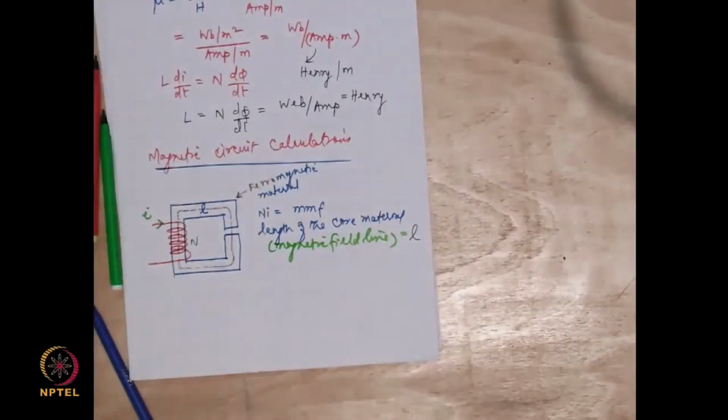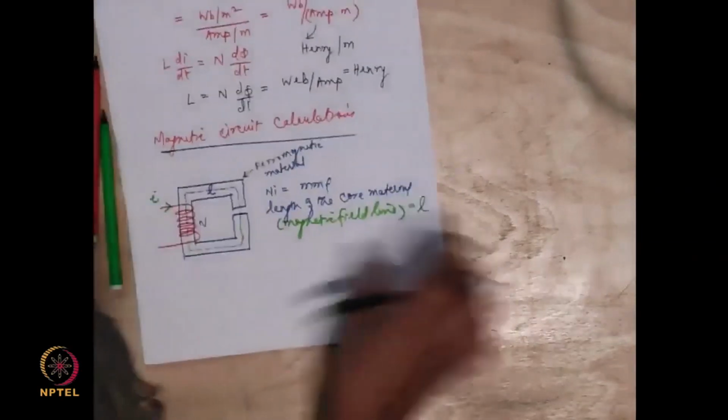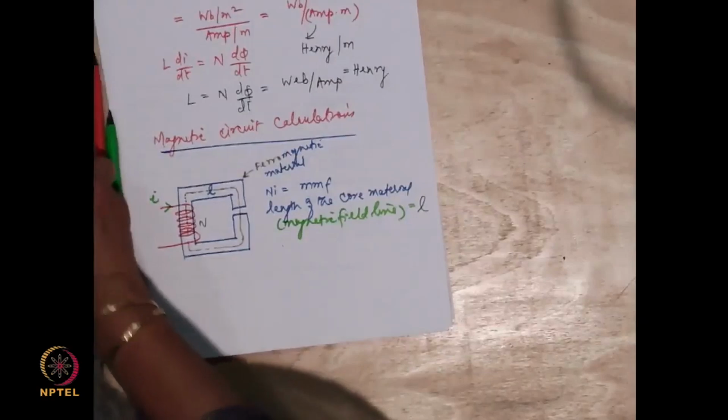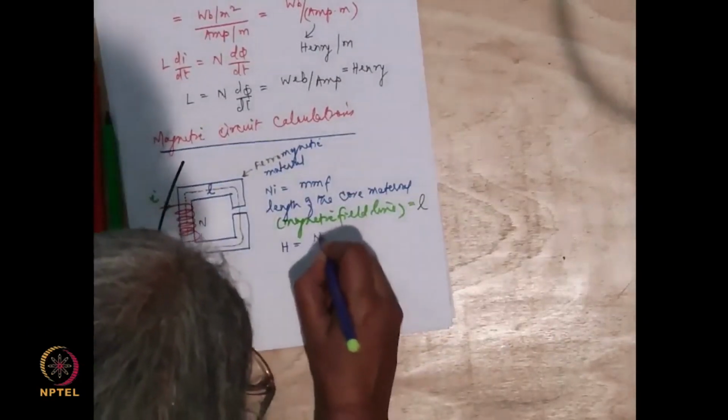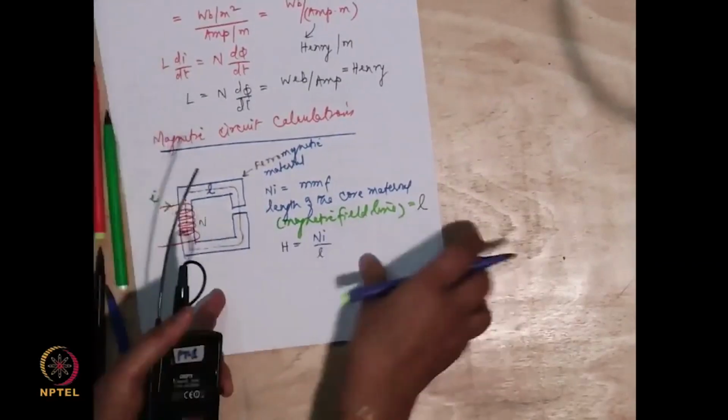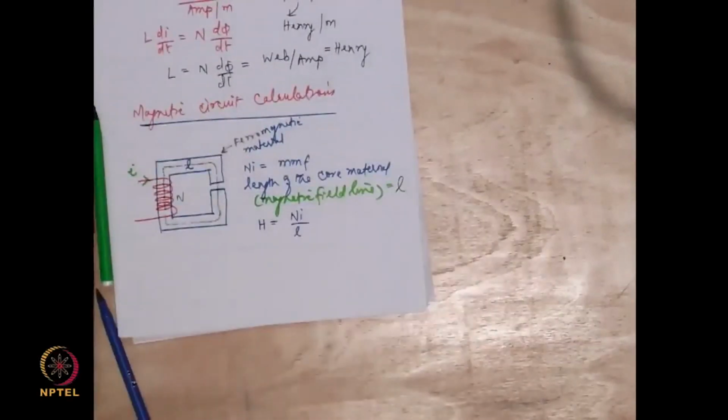This is L. Okay? So in this case, the magnetic field intensity H is equal to Ni divided by L, right?